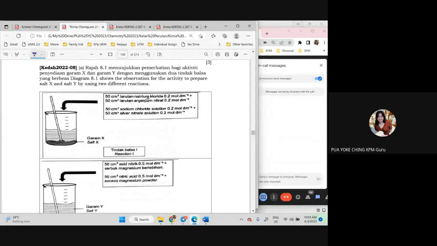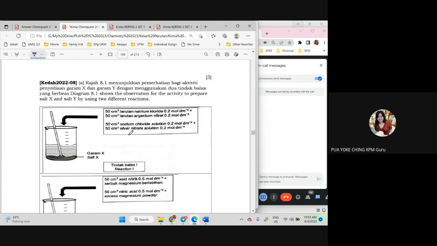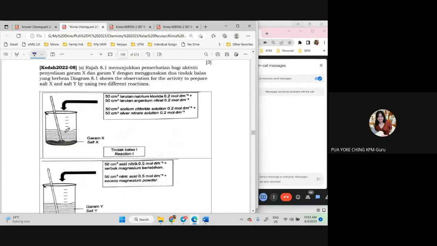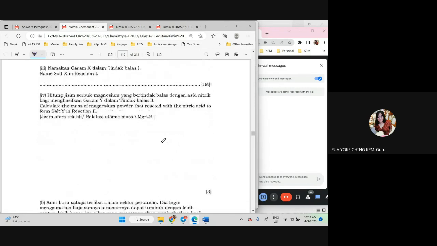Sodium chloride tambah silver nitrate, then you get a X. So what is that? Okay, nitric acid plus magnesium, then what is that? So it will ask you why there is reaction 1 and reaction 2 different. So reaction 1 adalah prepared insoluble salt. Okay, this one is to prepare soluble salt. So you can explain lah.